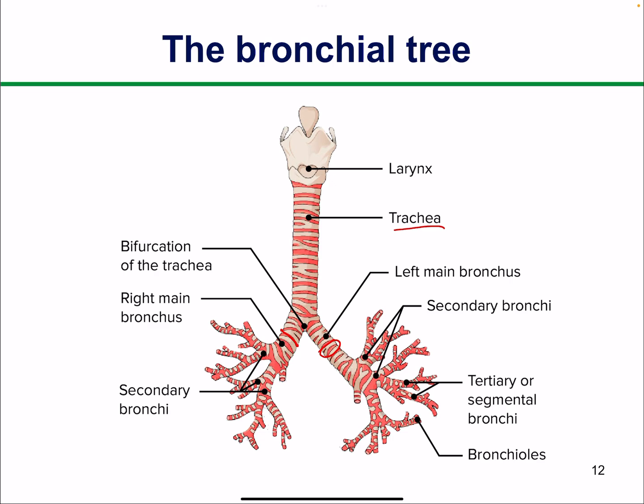The secondary bronchi branch off into tertiary bronchi. And the tertiary bronchi branch off into even smaller pipes called bronchioles.